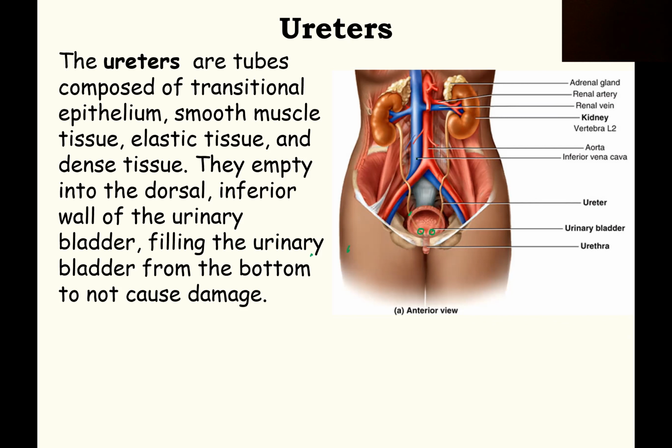You have different mechanisms for moving urine from the kidneys down into the urinary bladder. You have gravity, because in us, the kidneys are superior to the urinary bladder. You have peristalsis, because the smooth muscle tissue and elastic tissue are going to propel the urine because it stretches the tubes.